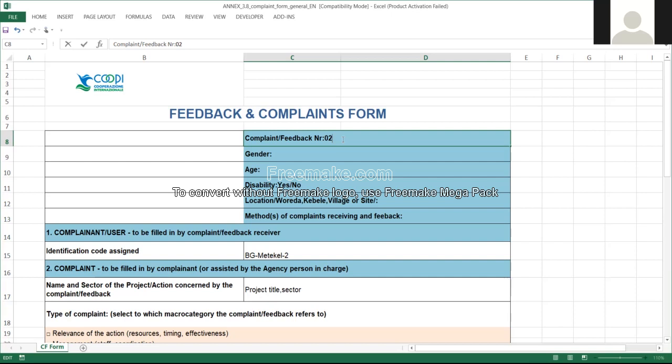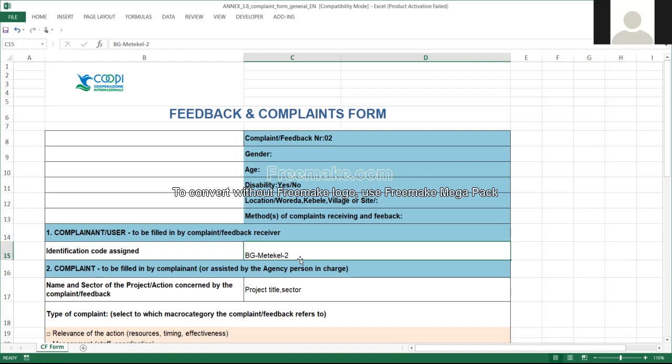Then you go to number one, which is to be filled by the complaint or feedback receiver. You assign an identification code to this complaint. Look at column C, which says BG Matakel 2. It is my own code, just to say Benishangul Gumuz Matakel complaint number 2.